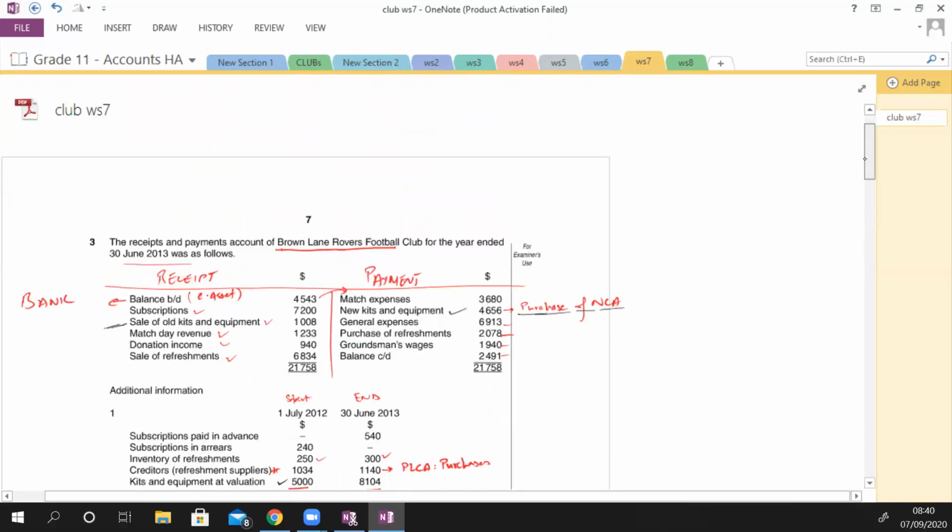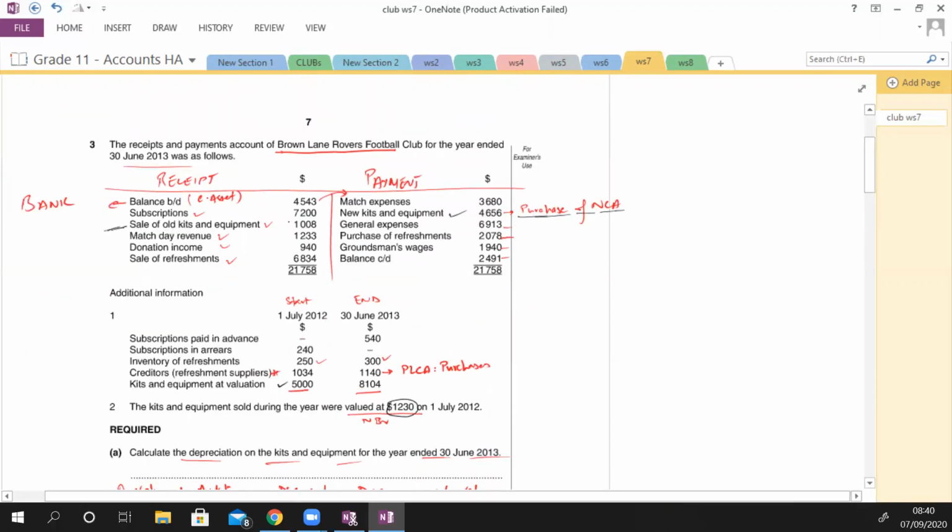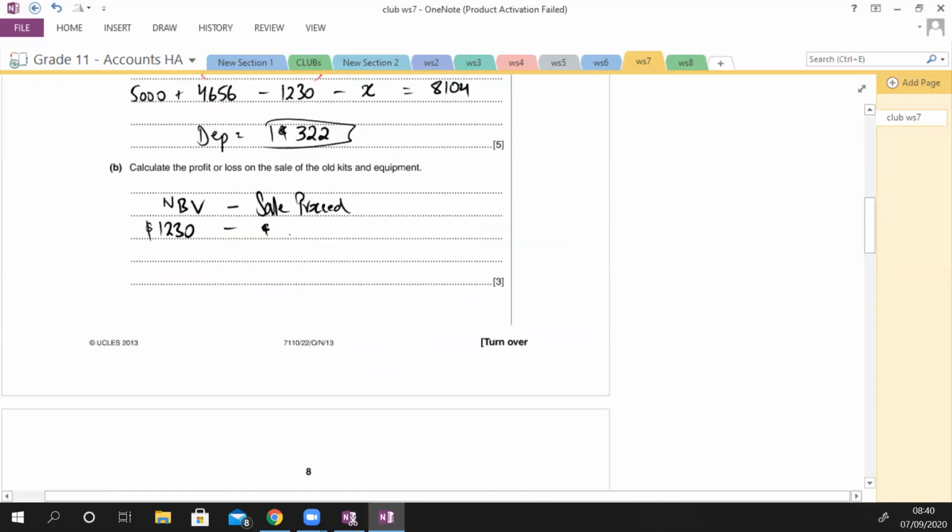Let's look at that in the question, which is sale of equipment 1008. Something which was worth 1230, you sold it for 1008. That means you sold it for less than its value. This resulted in a loss of 222.